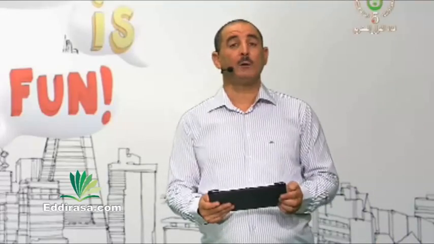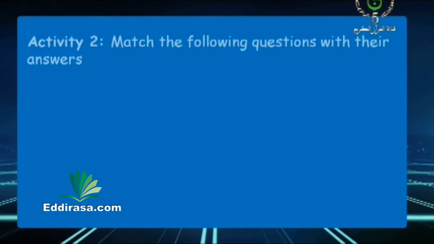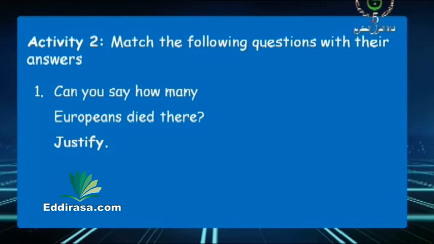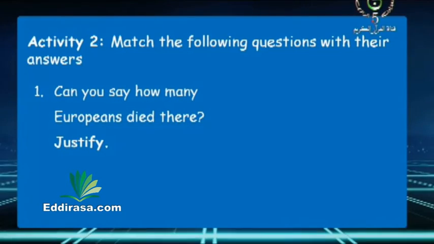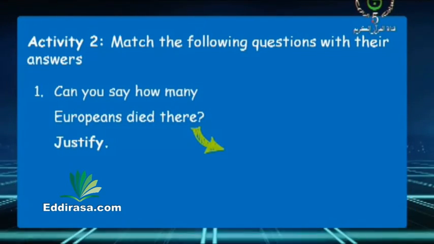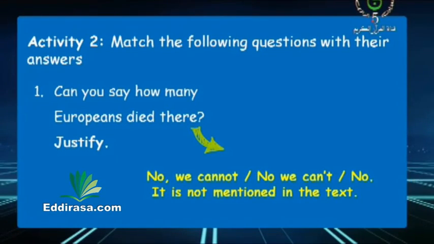Okay, now let's move to the next activity, where you will have to match the questions to the answers. 1. Can you say how many Europeans died there? Justify. So, what about the answer here? So it is obvious. So, no, we cannot.